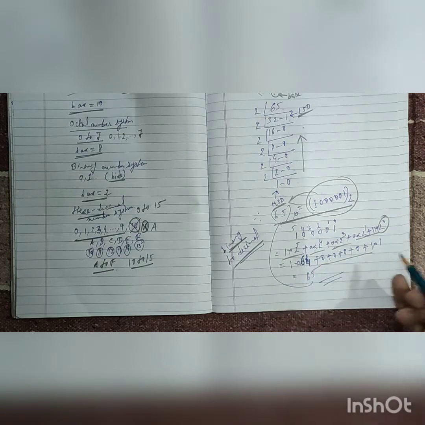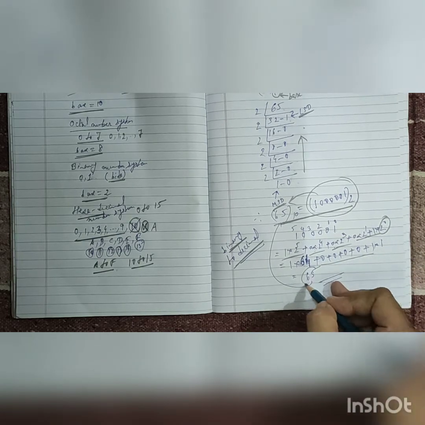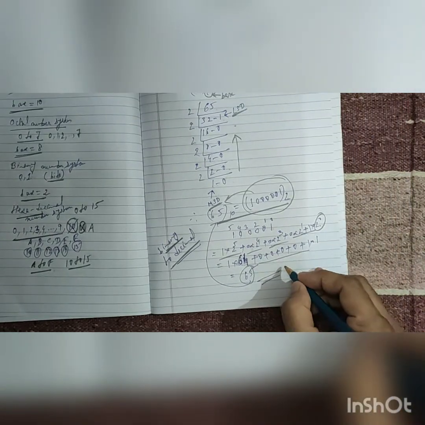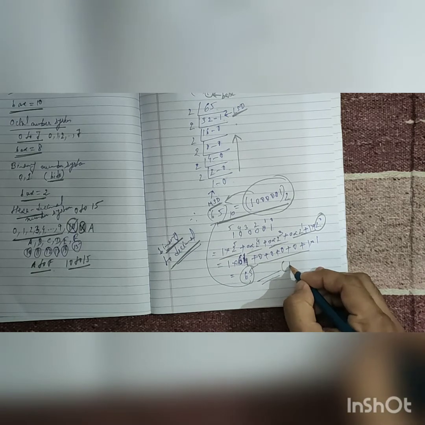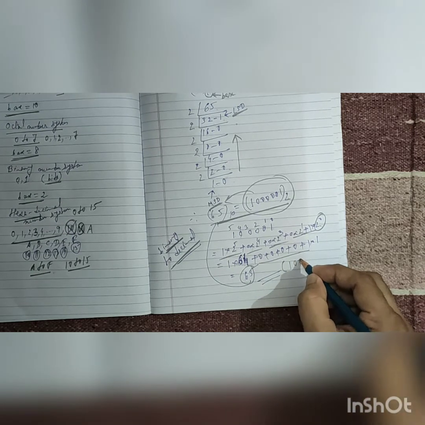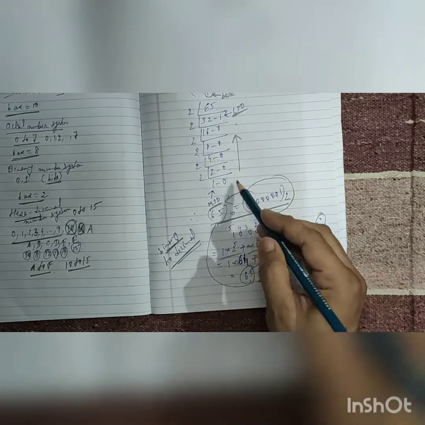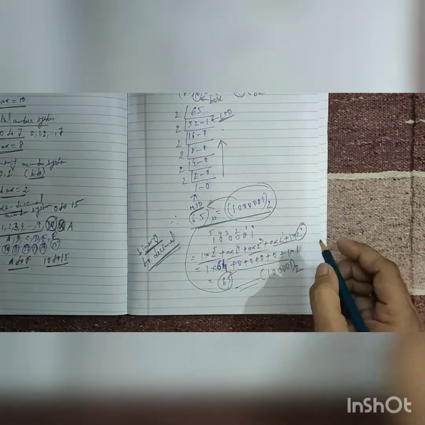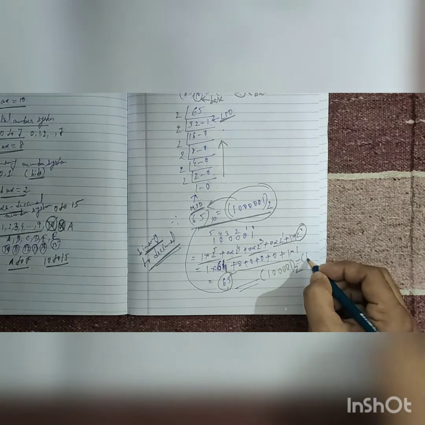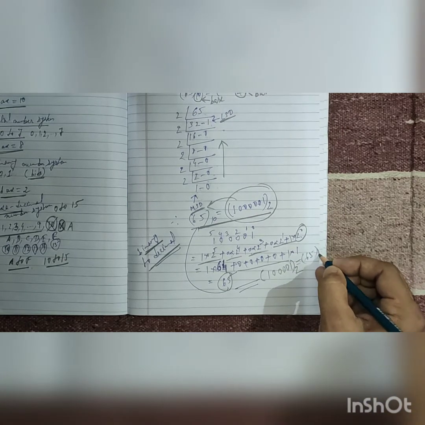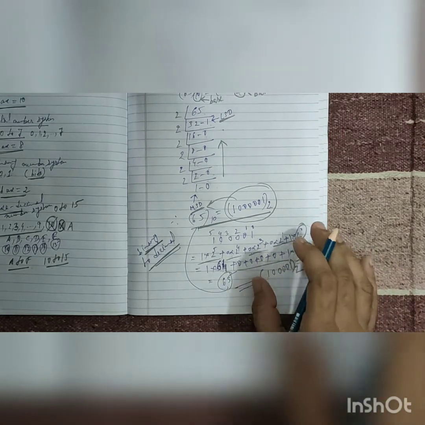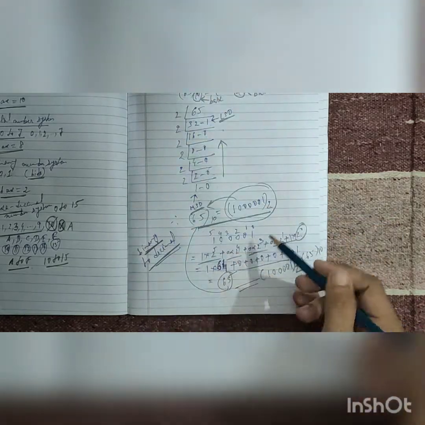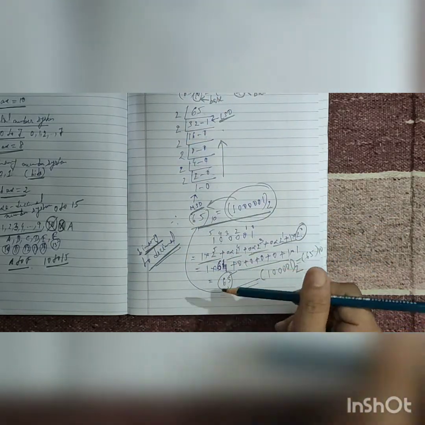So 64 plus 1 becomes 65. So my answer will be 1 0 0 0 0 0 1 base 2 equal to 65 base 10. This is the conversion of binary to decimal and decimal to binary.